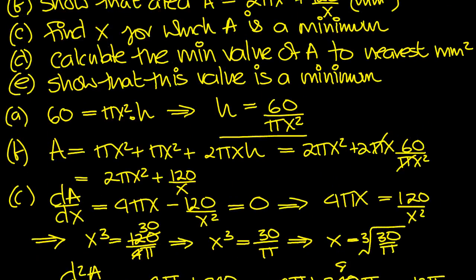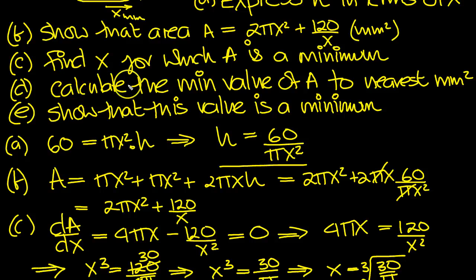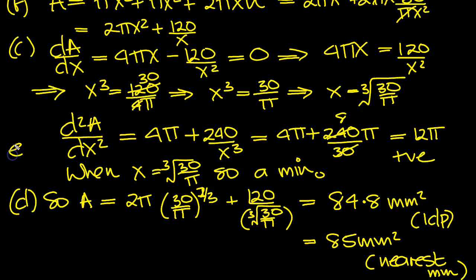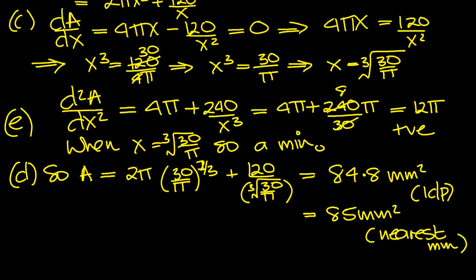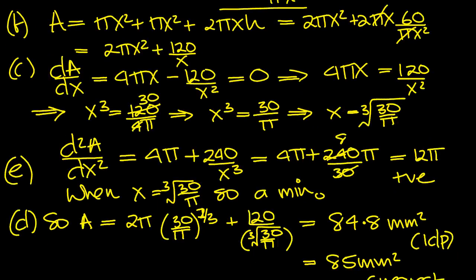I think we demonstrated the minimum value of A, for which A is a minimum here, because the second derivative was positive. So that should suffice there. So this was part E here. We verified it was a minimum. We did that because it was implicit in a sense, for when it said find x for which A is a minimum. So we did the calculus there.